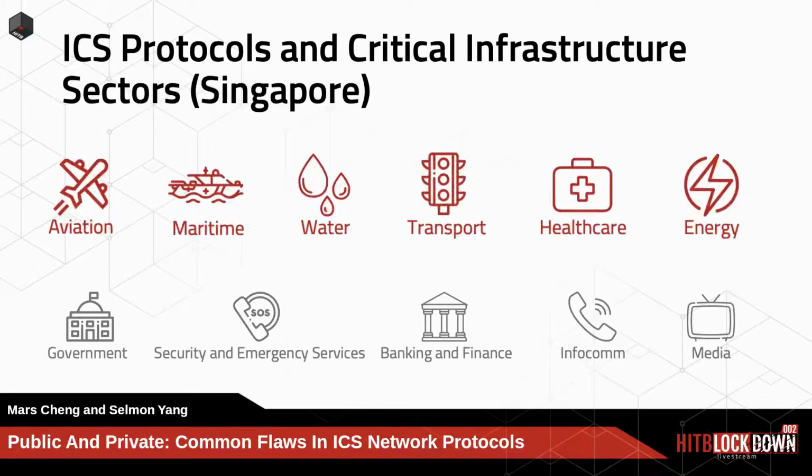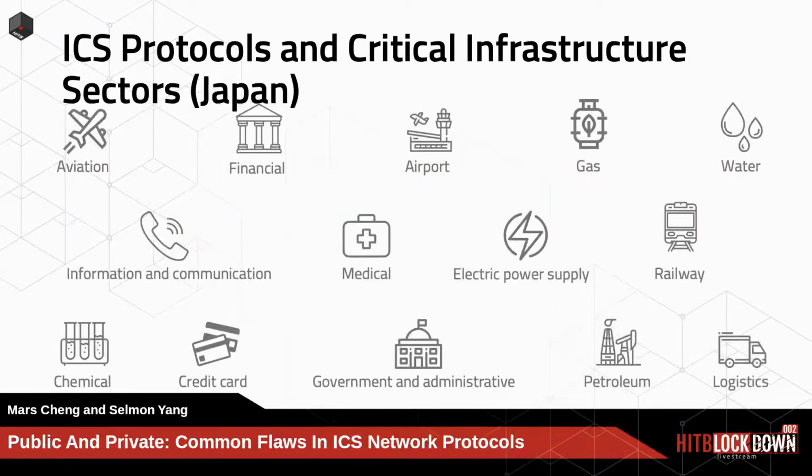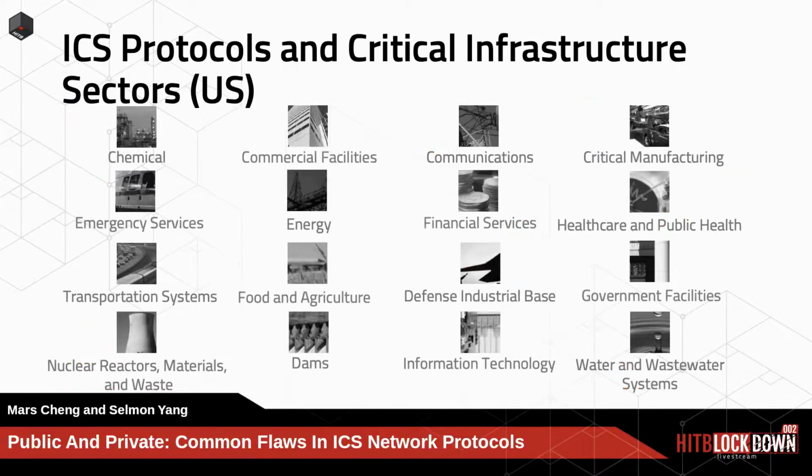Also, at least 6 use ICS network protocol to control processes: aviation, water, transport, healthcare, energy. And in Japan, 40 CI sectors, at least 9 CI sectors will use ICS network protocol. United States, 16, and at least 10.